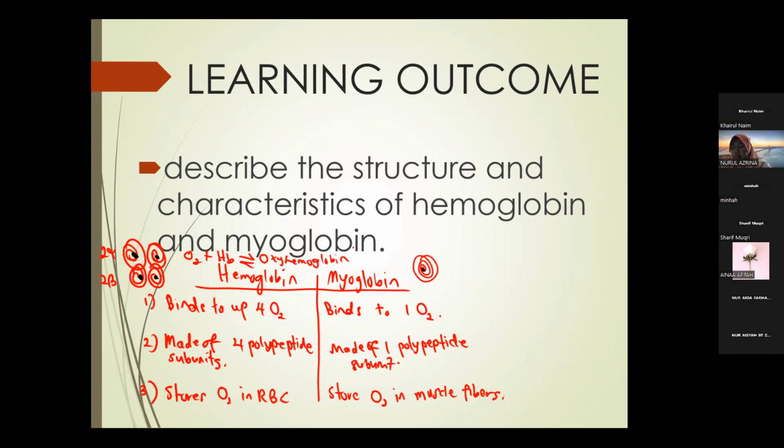Oxymyoglobin. So hemoglobin stores oxygen in the red blood cell in the form of oxyhemoglobin. Myoglobin stores oxygen in the muscle fiber in the form of oxymyoglobin. So this is all that you need to know about the characteristics and differences between hemoglobin and myoglobin.